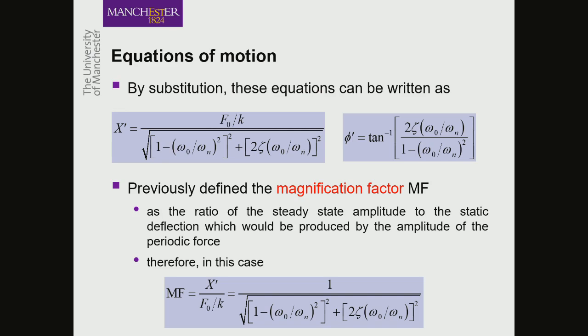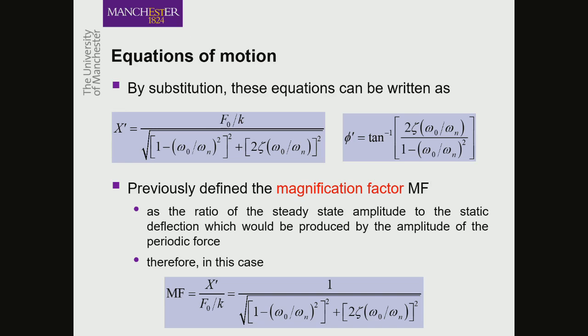And we also have the magnification factor, which is the ratio of displacement under the forcing frequency over F0 over K, which is the static displacement of the mass. Again, magnification factor: please make sure that you are able to explain what the magnification factor is if someone asks you.